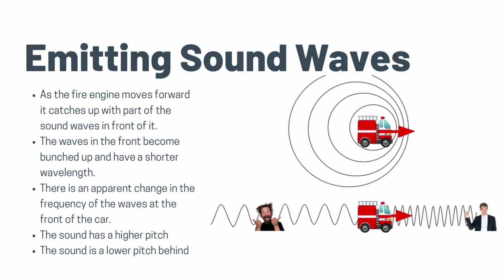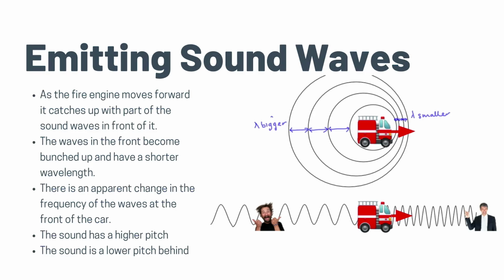What happens when the fire engine moves? Well, if it moves towards the waves it's just made, it kind of catches up with those waves. And you can see that the wavelength, because it catches up and they bunch up together, the wavelength gets smaller in the direction the fire engine is moving, and the wavelength gets bigger in the direction behind it.